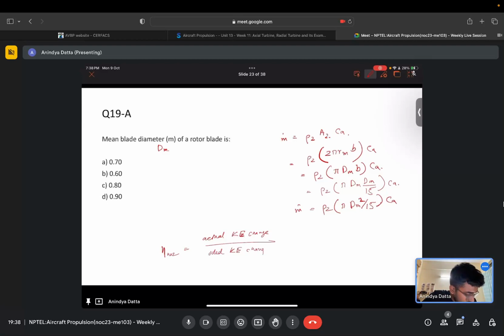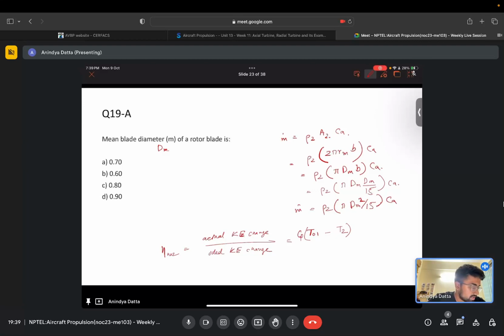Okay, so that is equal to, remember, the kinetic energy change is equal to the total temperature minus the static temperature. That gives the kinetic energy change, because cp times the stagnation temperature is the stagnation enthalpy, which is equal to the static enthalpy plus the kinetic energy, right?